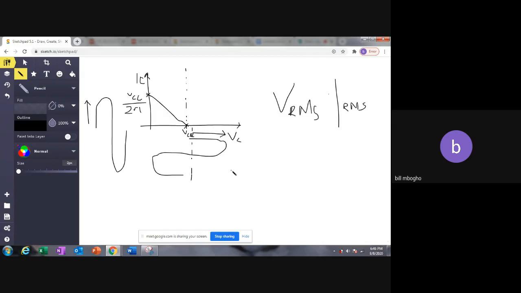So if we are looking for maximum output power, it's going to be VRMS, which is V peak divided by root 2, times IRMS, which is IC sat divided by root 2. So VRMS times IRMS gives us the maximum output power.